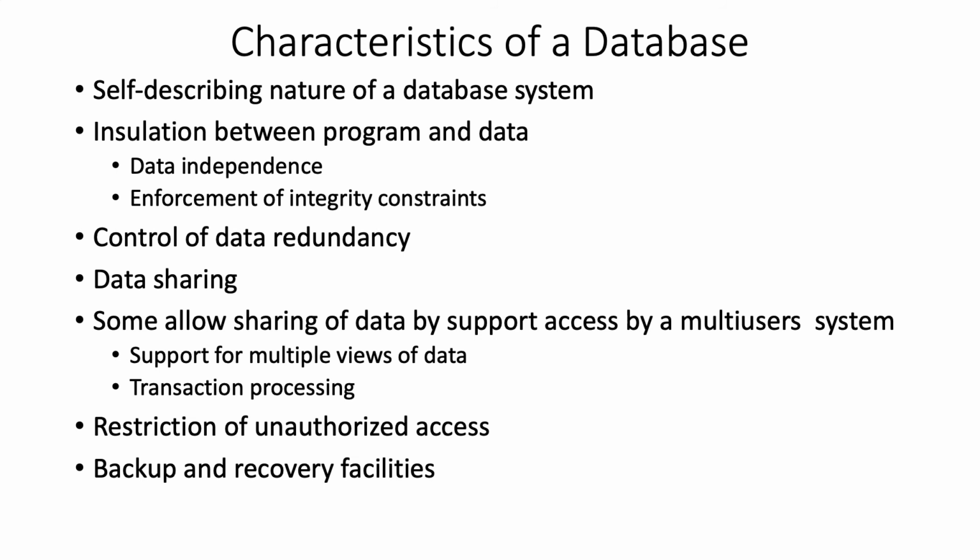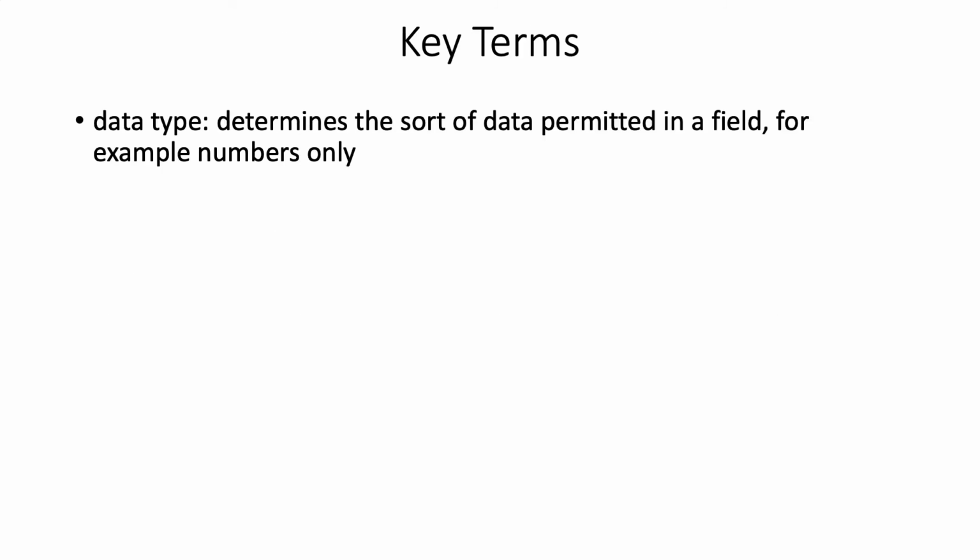Backup and recovery facilities, it's important to be able, if you've got all this data and people are dependent on it, you need to back it up, and you need the ability that if you have a power failure at 10 o'clock in the morning and only one table gets corrupted, you don't want to have to put the whole database back. You want to be able to go back and recover just that one table as of 10 o'clock. And many databases can do that.